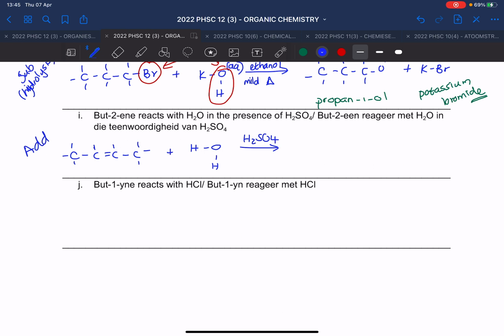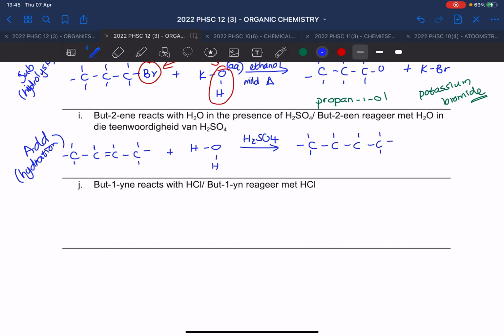What type of addition reaction? What do we add? We add H2O. So what is it? When you give yourself water, you what? Yes, hydration. Okay, right. So what you are going to do is redraw what was given.